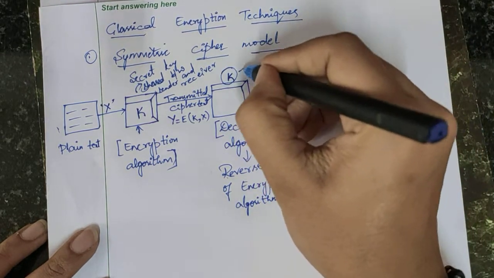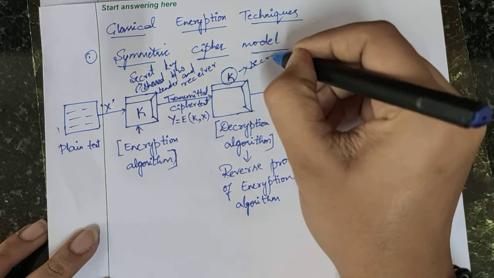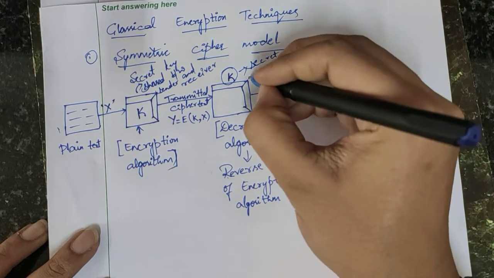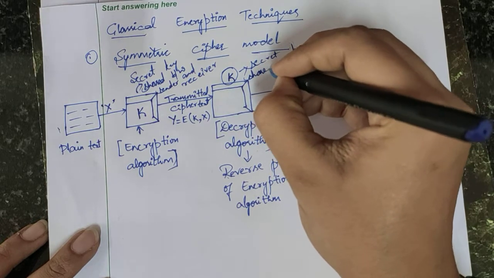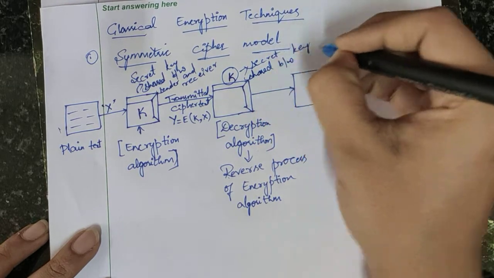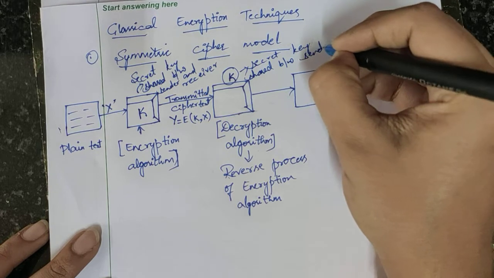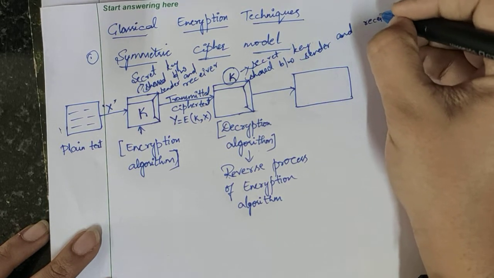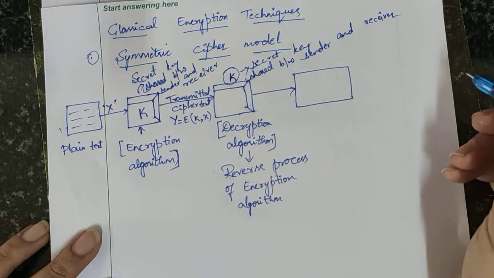Again this key K is a secret key which is shared between sender and receiver. Right?